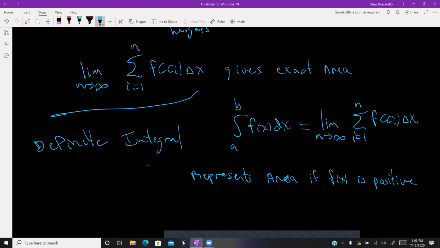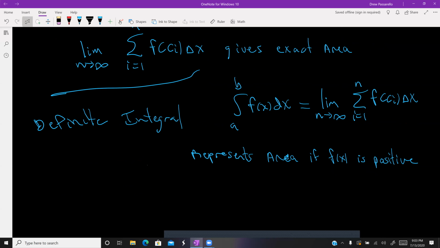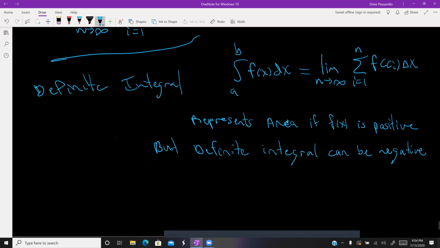But you can also find this value without f of x being positive. The definite integral can be negative, in which case that wouldn't be an area.